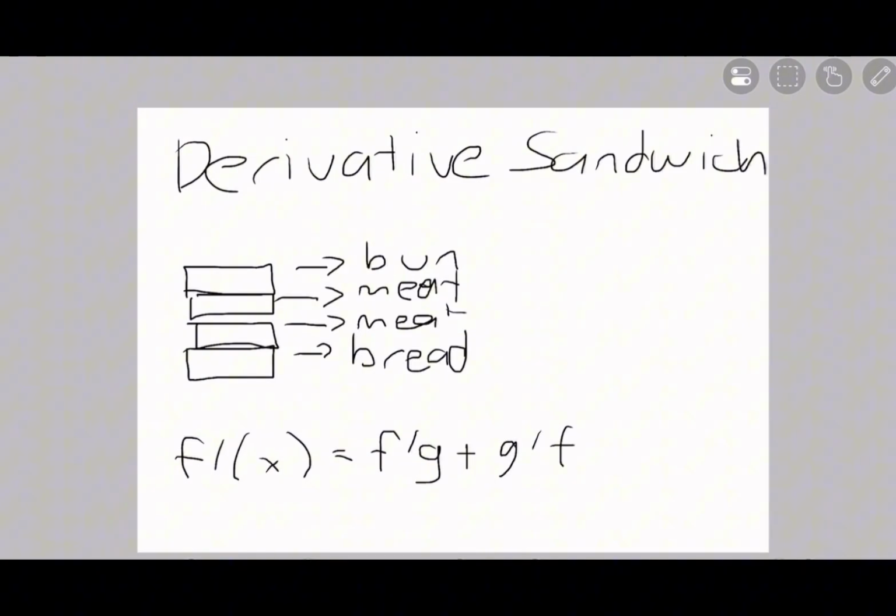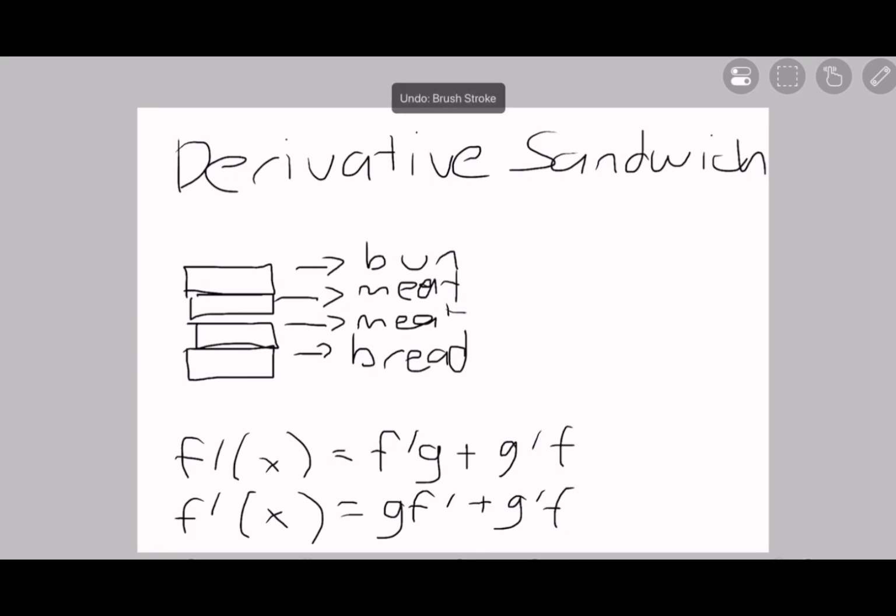If you rewrite it, you can also have this form, which is g times f prime plus g prime times f. If you look at this, you have on the outside your original functions. They're both similar, so that can be like your bun.